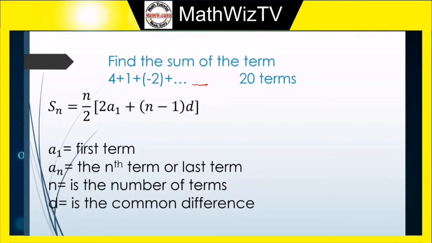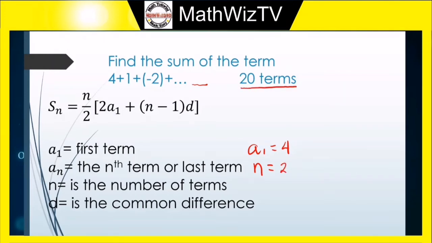We all know that a sub 1 is the first term. As we can see, we can write here a sub 1 is equal to 4. And then a sub n is not in our formula. Therefore, we use n. N is equal to 20 because this pertains to 20 terms.